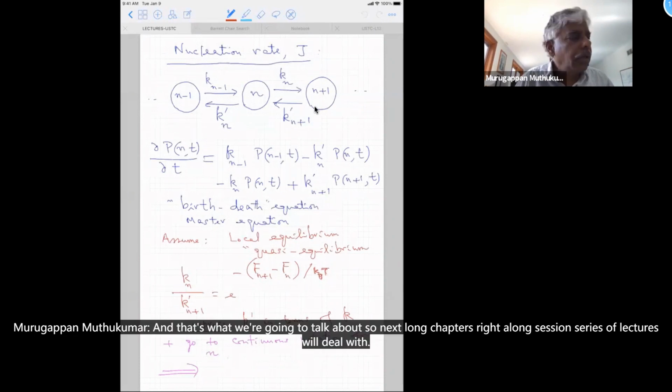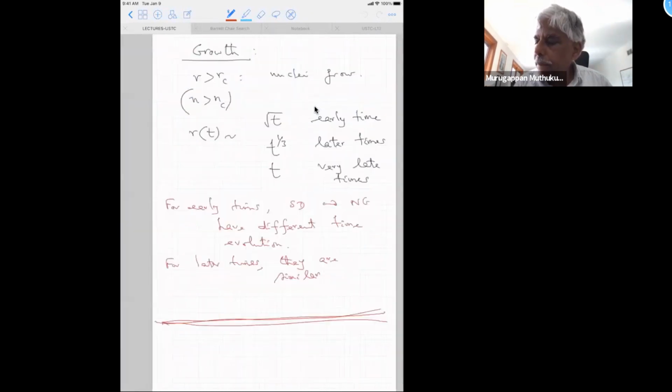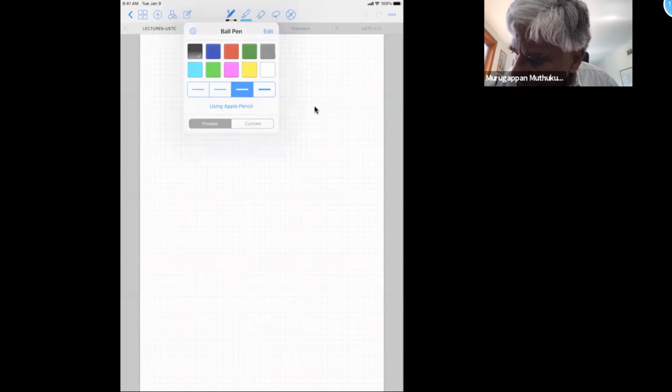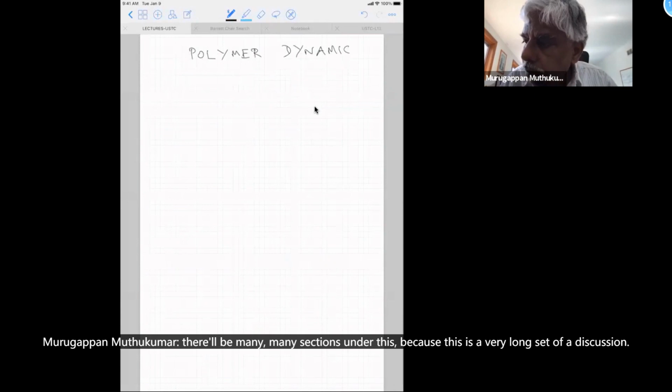So the next long chapter, a long series of lectures, would deal with polymer dynamics. There will be many sections under this because this is a very long set of discussion.